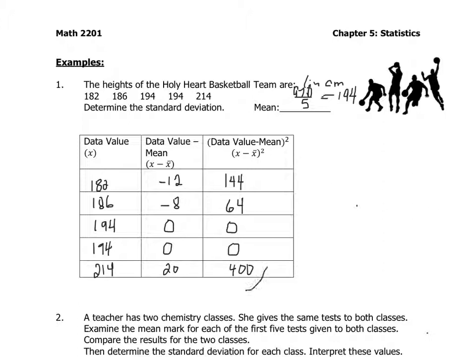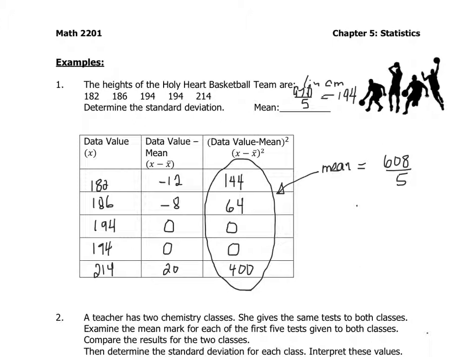So then you take all of these values here, and you find the mean. And that would be 144 plus 64 plus 0 plus 0 plus 400. So it's 608 is the sum of all those data values, and even though there's 2 of them that are 0, they're still counted as a data value. So there's still 5 pieces of data.